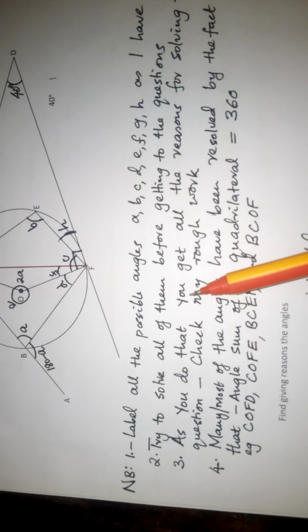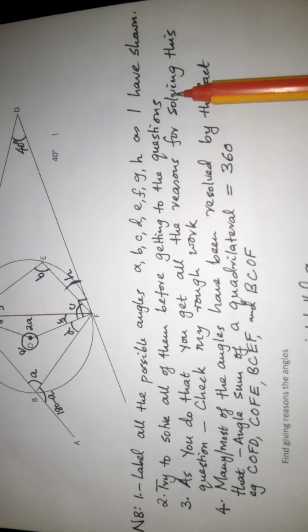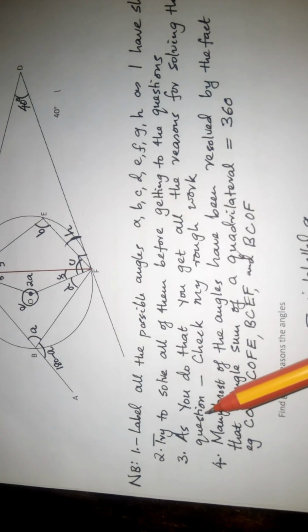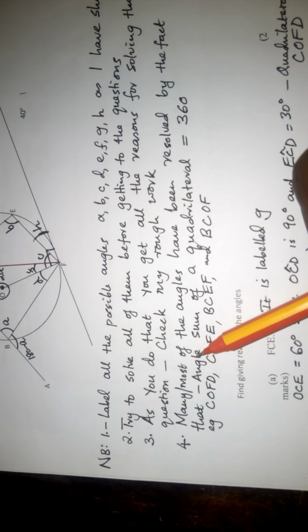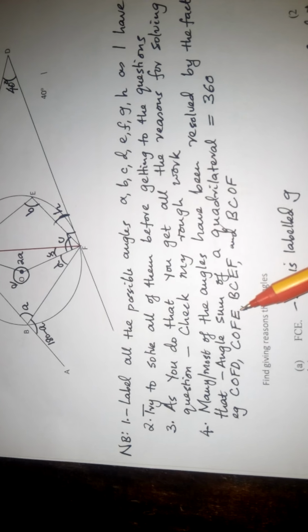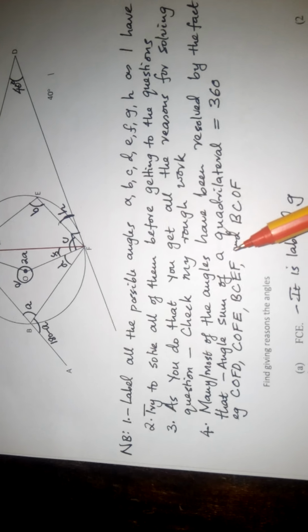Number 3, as you do that, you get all the reasons for solving this question. And 4, most of the angles have been resolved by the fact that we are dealing with the angle sum of a quadrilateral, which is 360, e.g. COFD, COFE, BCEF, and BCOF.